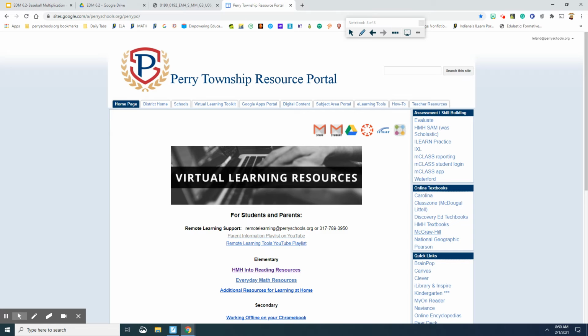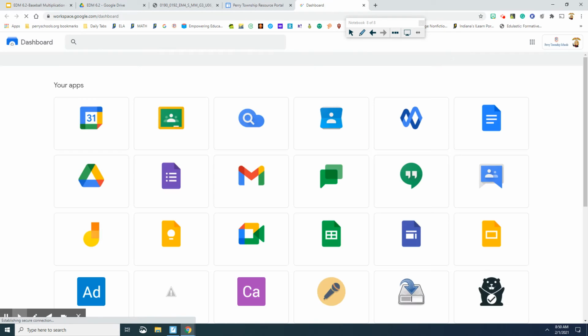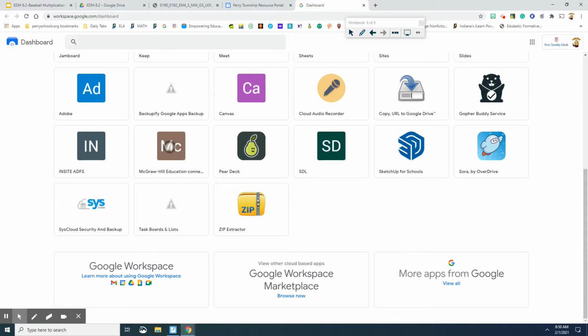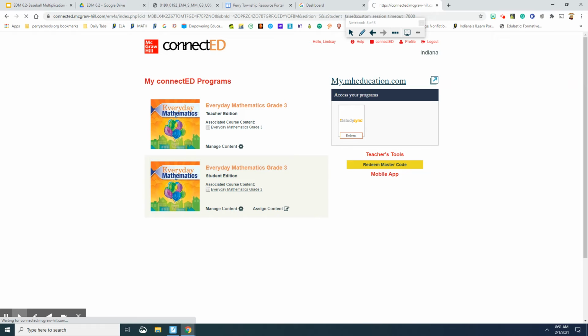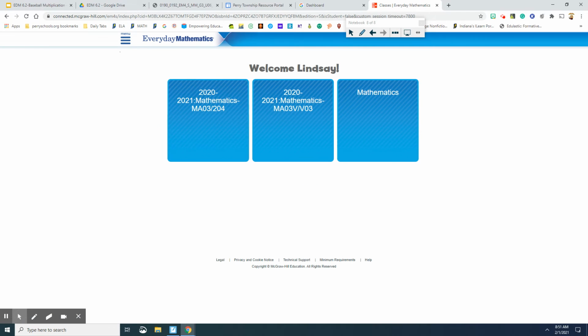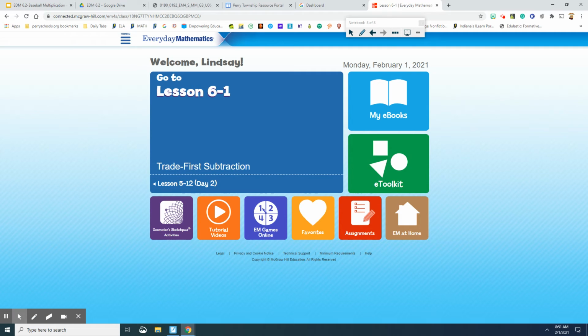So from the resource portal, go to McGraw-Hill, log into McGraw-Hill, then log into your math, and you will click on your math book. And then finally, you will click on the EDM Games Online. So at the bottom, the Games Online.